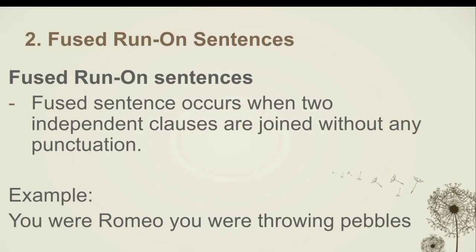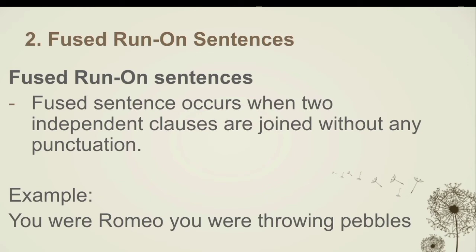Okay, let me define first. Fused or run-on sentences occur when two or more independent clauses are connected improperly. When we say independent clauses, it is a complete sentence, meaning it can stand by itself as a simple sentence. Let's see the example. You were Romeo, you were throwing pebbles.